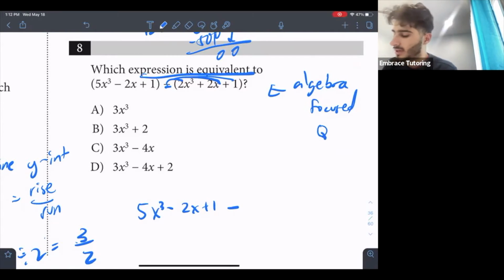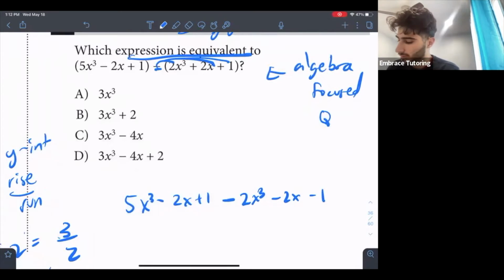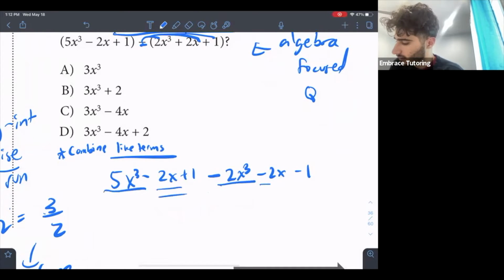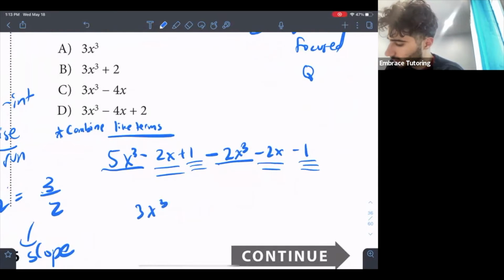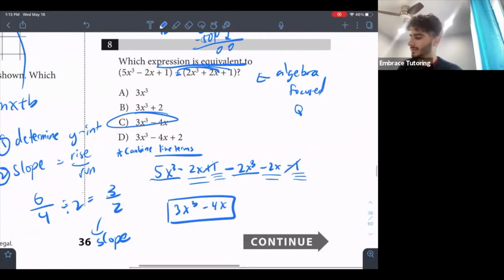So you subtract, distribute the negative signs, you get minus 2x cubed minus 2x minus 1, and then just combine like terms. These are like terms, these are like terms, these are like terms. So then you get 3x cubed minus 4x, and the ones cancel out. So you're just left with 3x cubed minus 4x, which is choice C. And so that's how you solve this question.